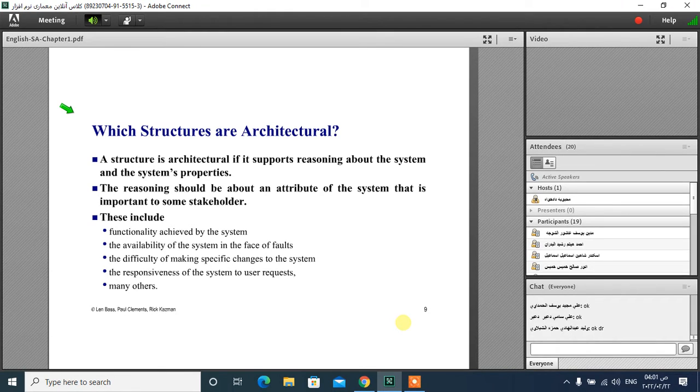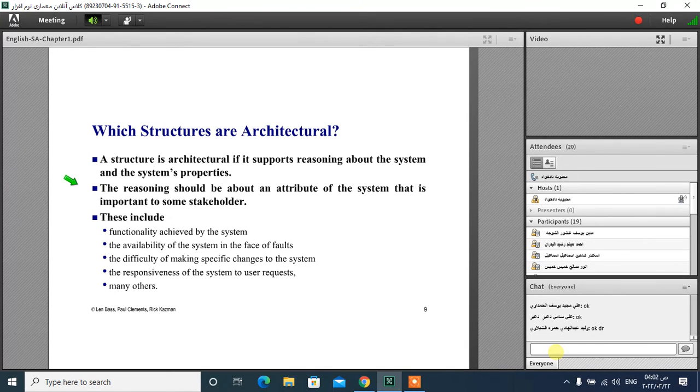As we said before, we may have different types of structures in a system. How should we know which of those structures are architectural? A structure is architectural if it can help us to reason about the system and the properties of the system.